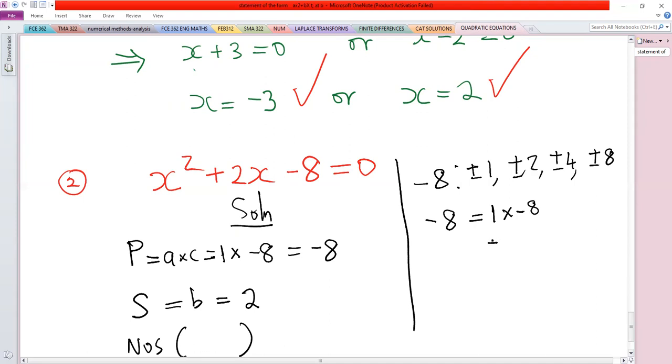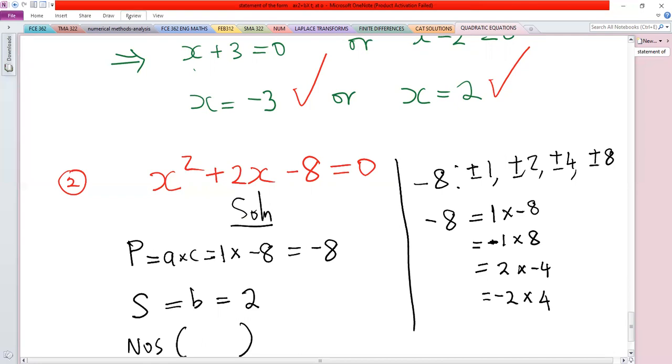If I pick negative 1, I need to multiply by positive 8. If I pick 2, I need to multiply by minus 4. If I pick minus 2, I need to multiply by positive 4. So these are the only pairs that will give me the product minus 8.